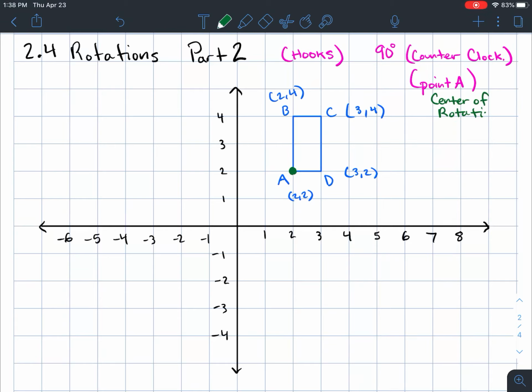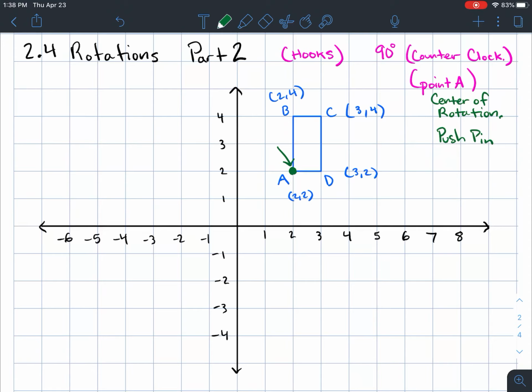And the visual I want to give you is that it's as though you put a push pin as a stake. And not a meat stake, but like a nail, right? You put a push pin, you put a nail in point A. So that is the one point that is not going to move in this rotation.